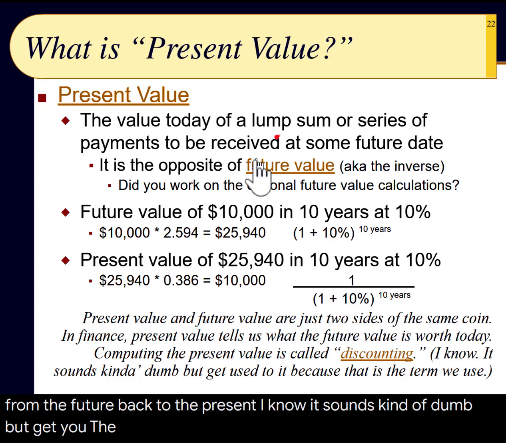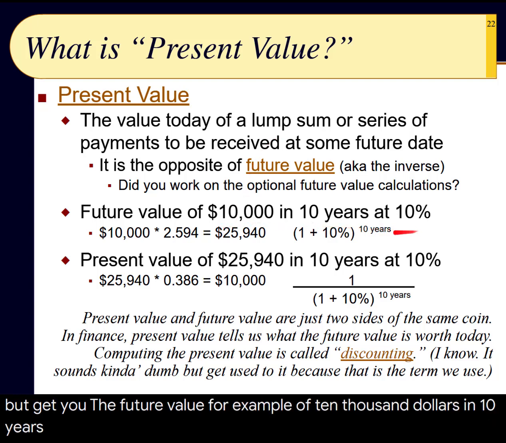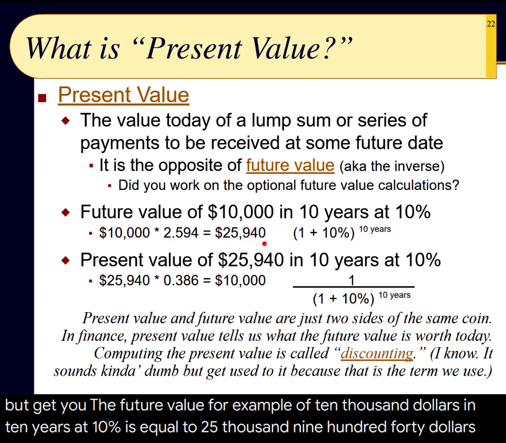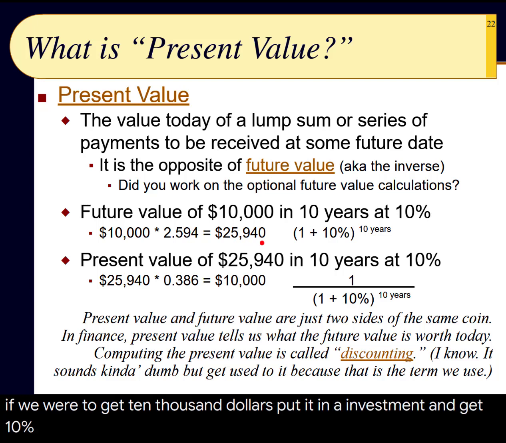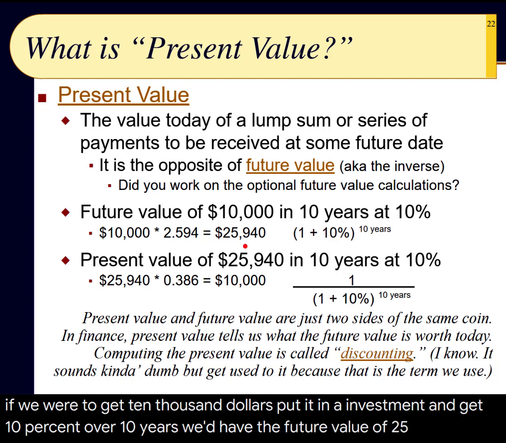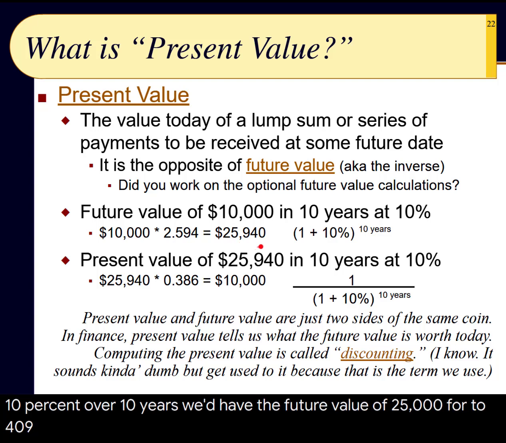The future value, for example, of $10,000 in 10 years at 10% is equal to $25,940. So if we were to get $10,000, put it in an investment, and get 10% over 10 years, we'd have the future value of $25,940.